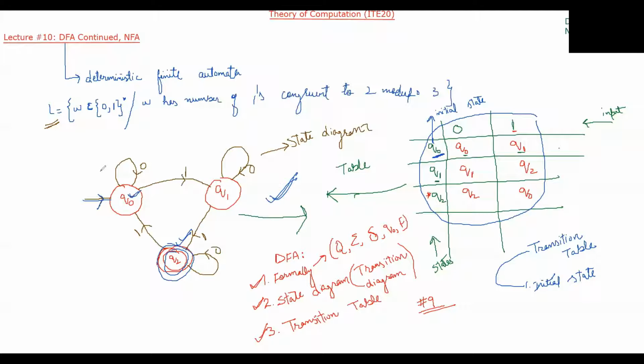Before wrapping up the discussion about the DFA, let me give one more example here. Actually, instead of an example, we have to discuss one important application of DFA. Let me erase this portion first. Please wait a second.